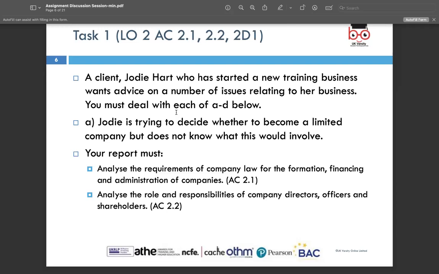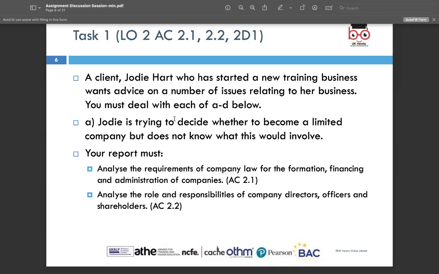Also, upon incorporation, the company becomes a separate legal entity, distinct from its owners and directors.